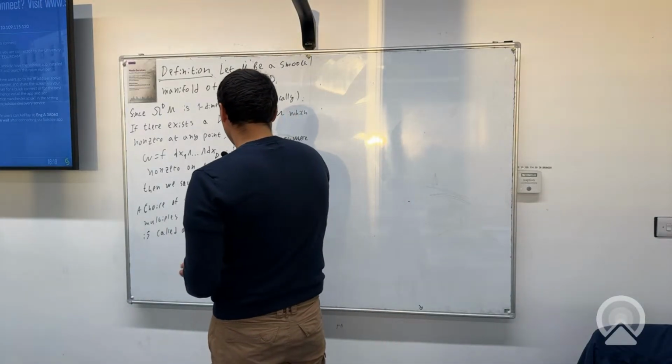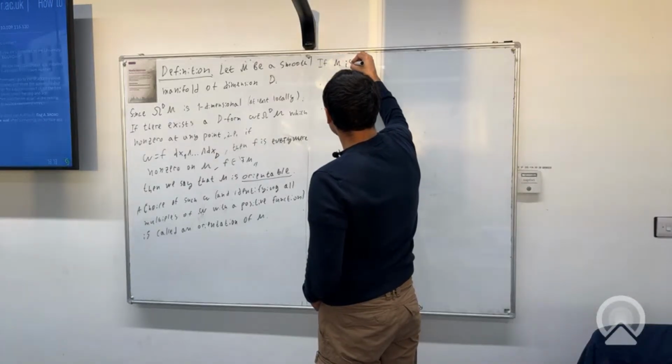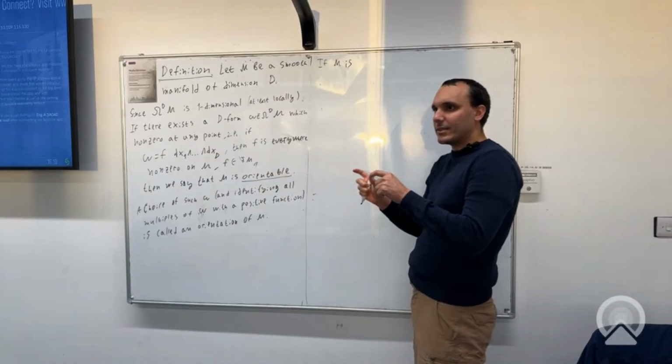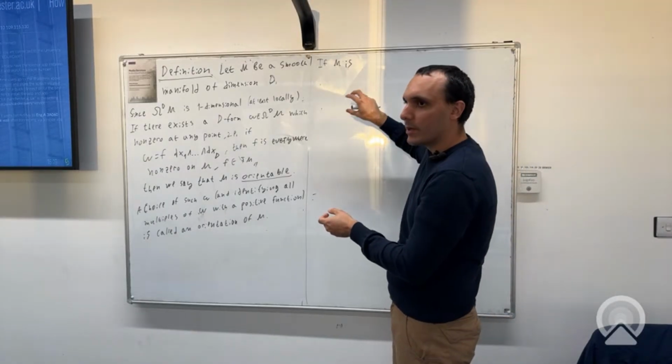We write, if M is connected. So okay, it should be connected. I don't define this, but it means that it's not split into two parts or more.